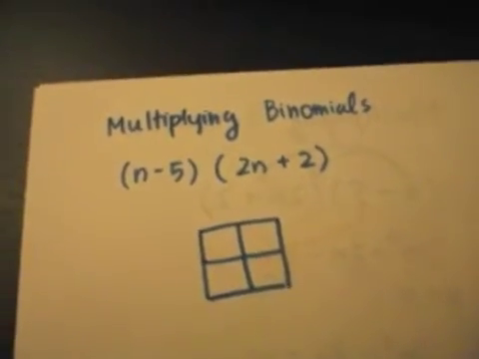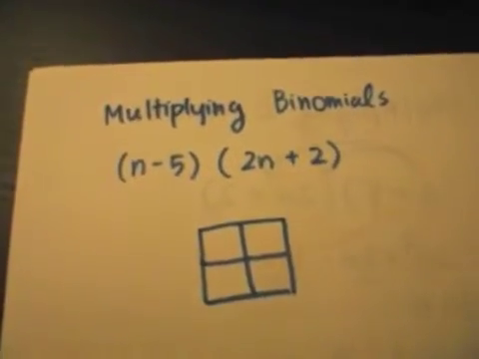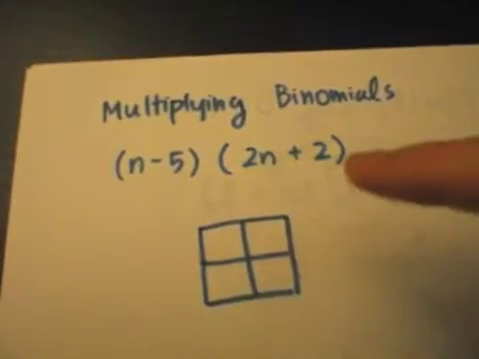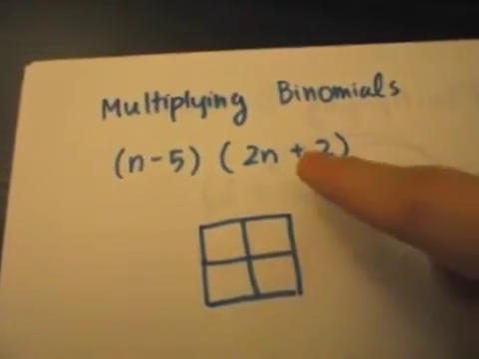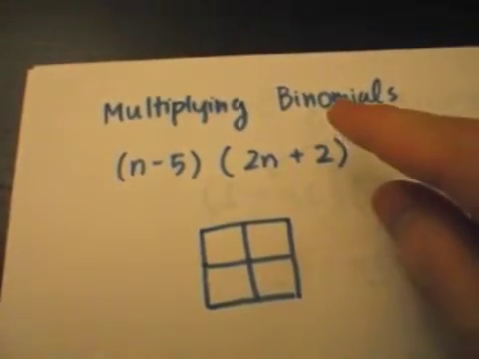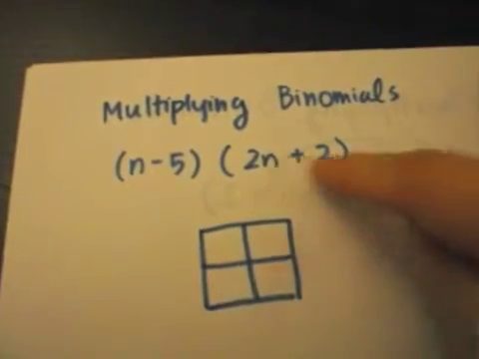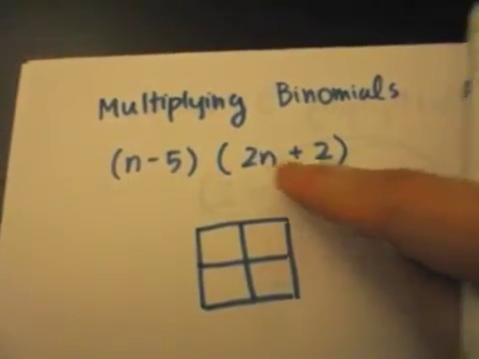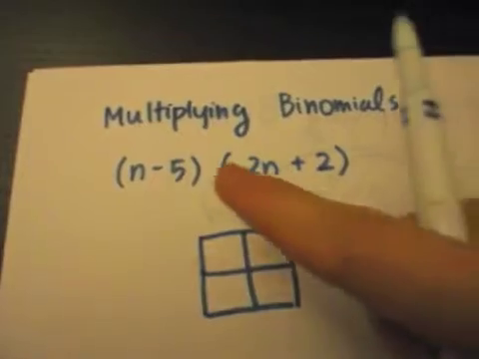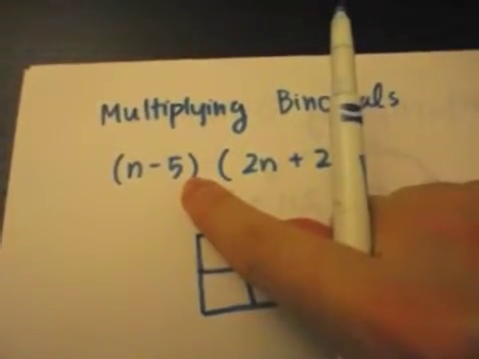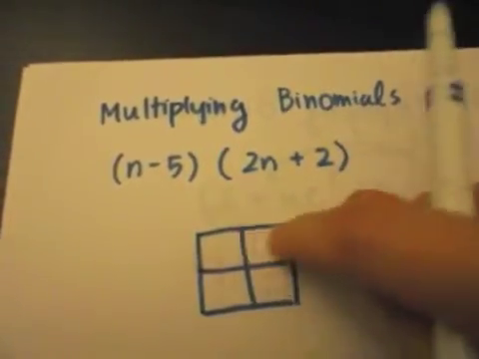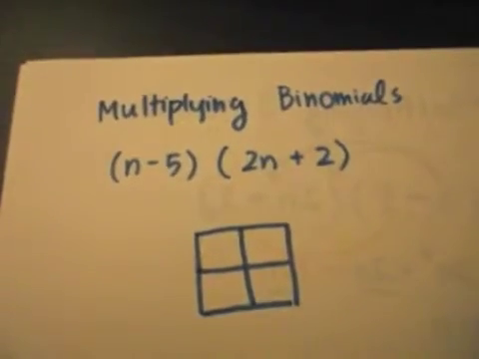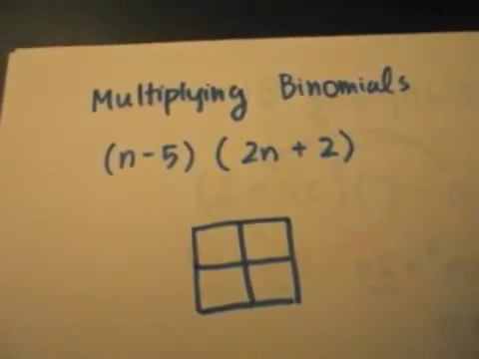Now, one thing to note is that I can switch the order around. However many terms the second parentheses has can be how tall the box is, and however many terms the first parentheses has can be how wide the box is. I'm just sticking to one way to go about it.